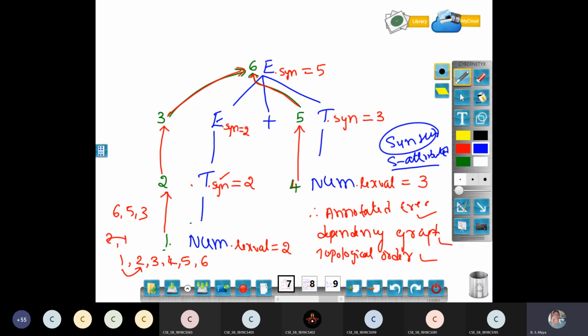S attributed definition. Close the double quotes, then a comma for that one. Okay. Full stop.